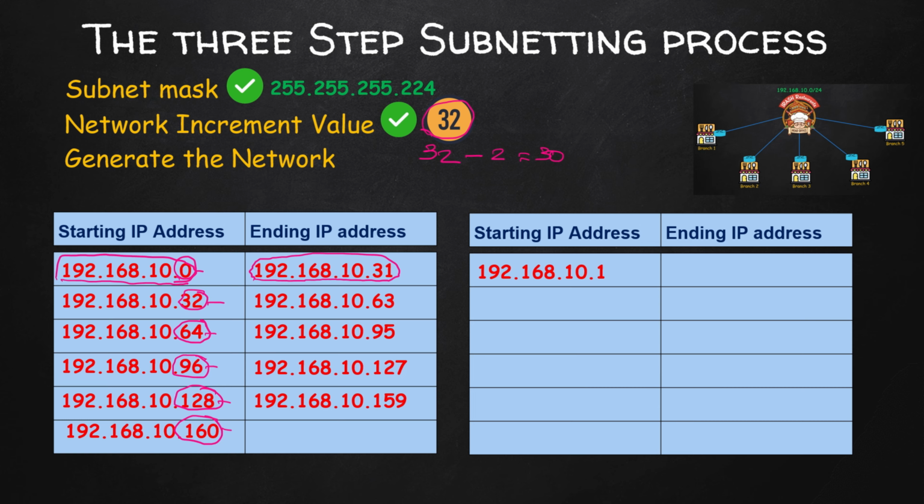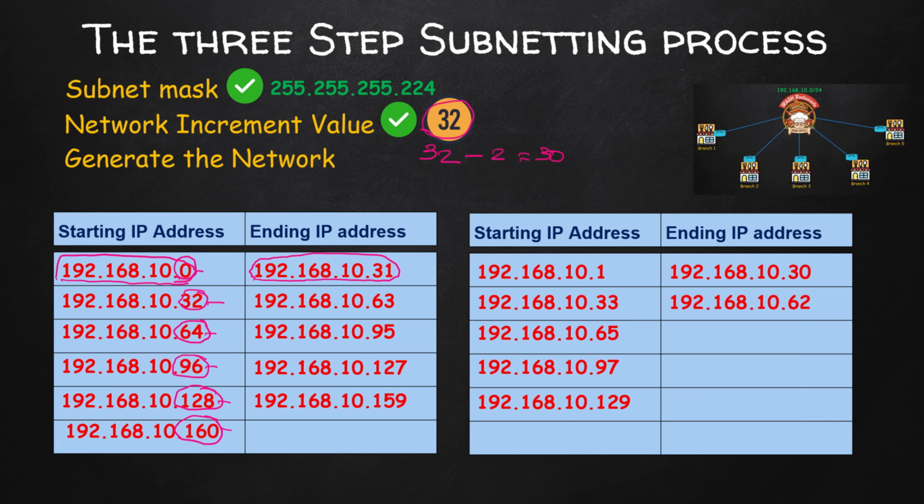In the same way, when we remove all the network IDs and broadcast IDs from our subnetworks, we get the starting IP address of the second network as 192.168.10.33, third one 192.168.10.65, fourth one 192.168.10.97, fifth one 192.168.10.129.